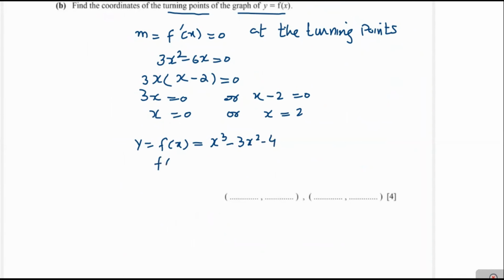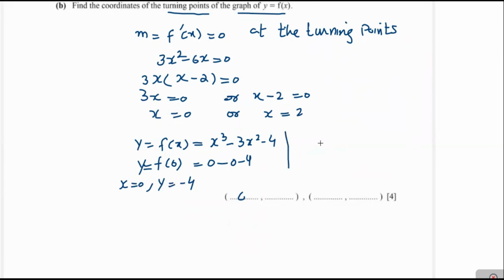Therefore, f of 0 will be equal to y, and that will be equal to 0 minus 4. Therefore, when x is 0, y is minus 4.